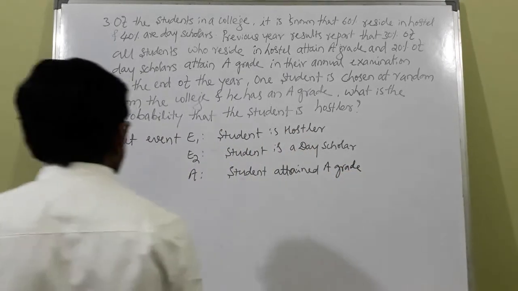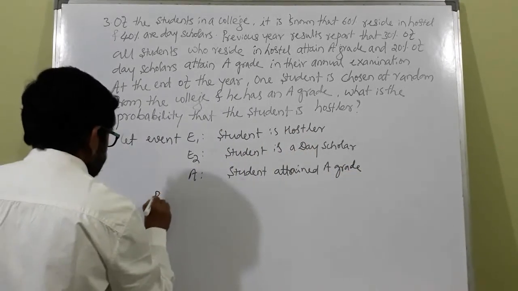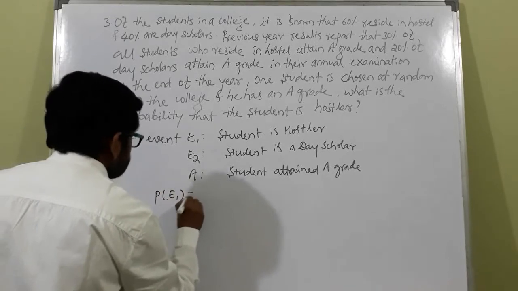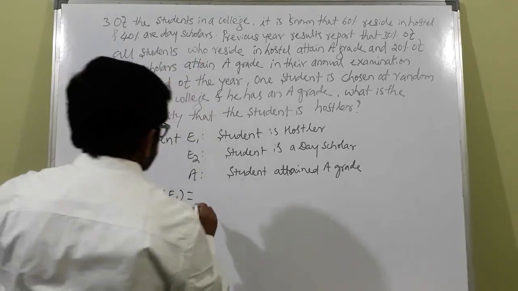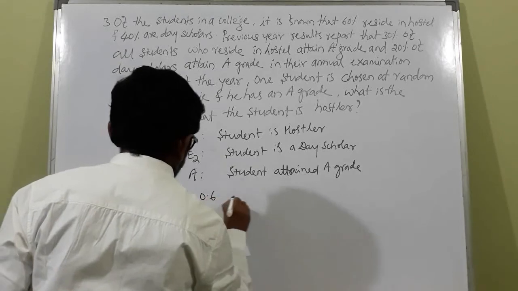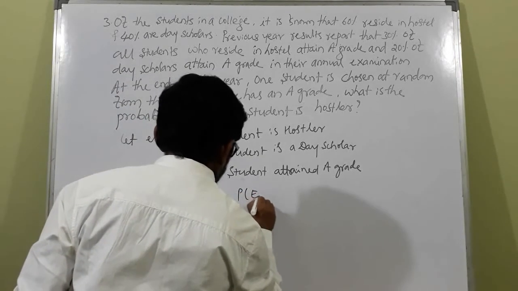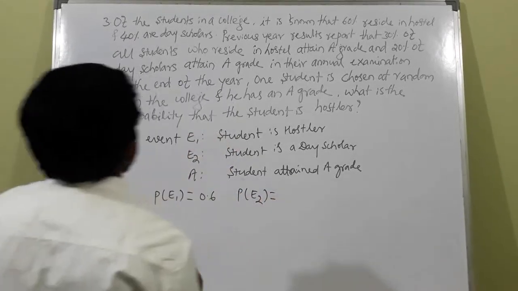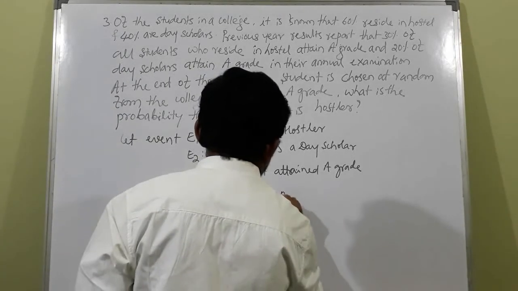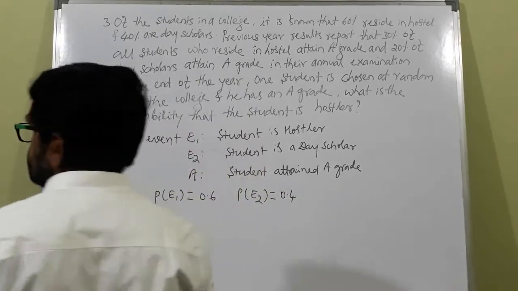Okay. Now probability of E1 is 60%, 0.6. Probability of E2 is 40%, 0.4.